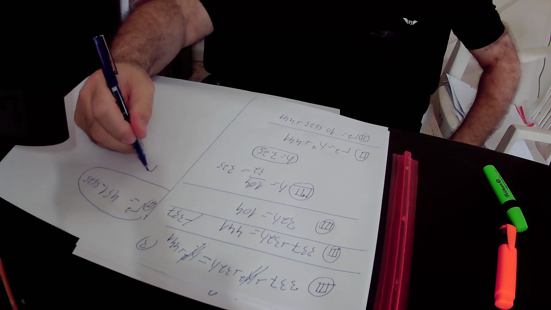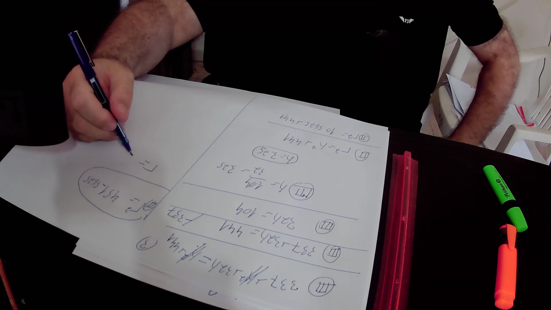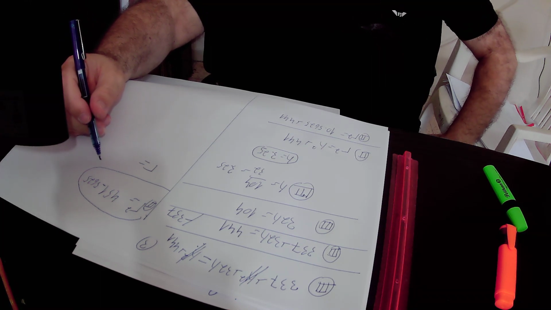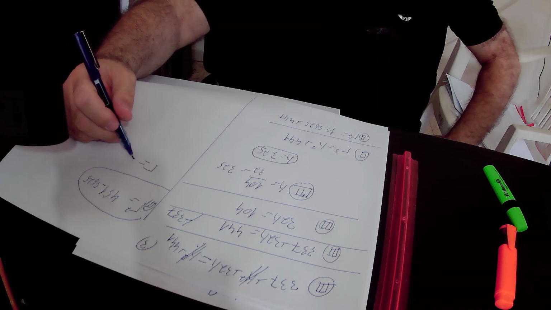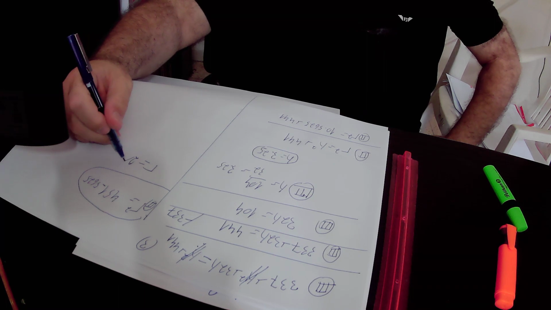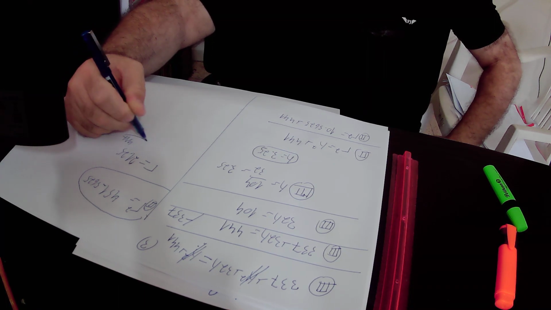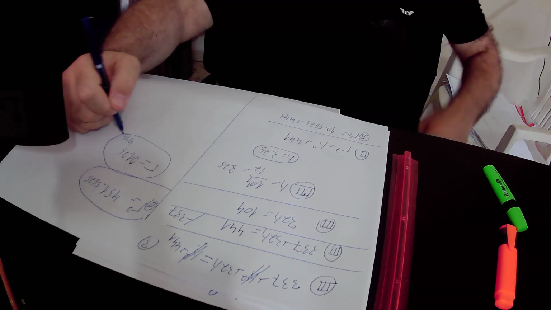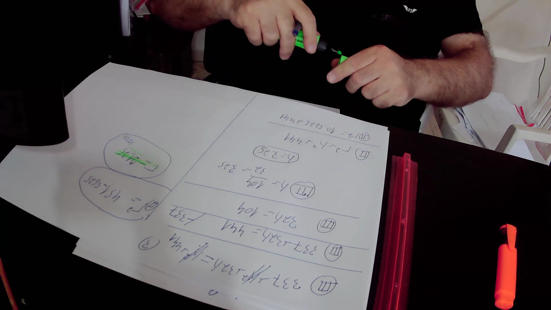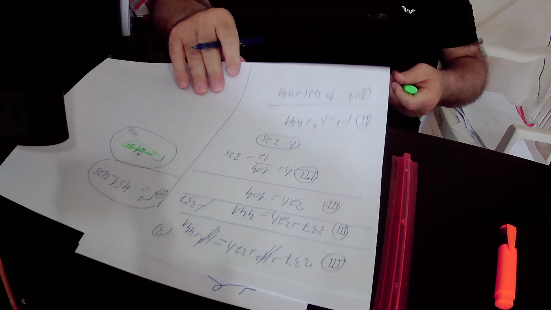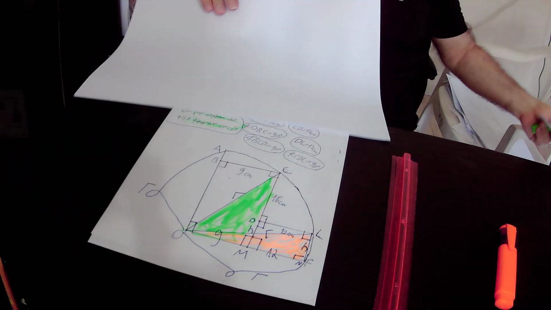Here we take the square root of equation number 2, and we get that r equals the square root of 451.5625. That is to say, r equals 21.25 units. Okay, so we found out that the radius of the quarter circle is 21.25.